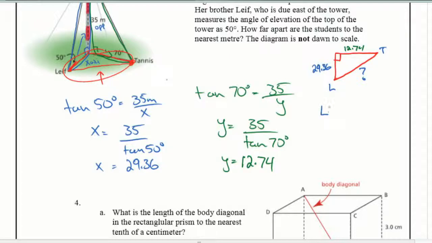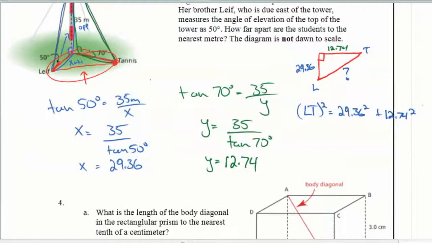So we'll go LT, that's the longest side, squared equals 29.36 squared plus 12.74 squared. And I calculate that out.